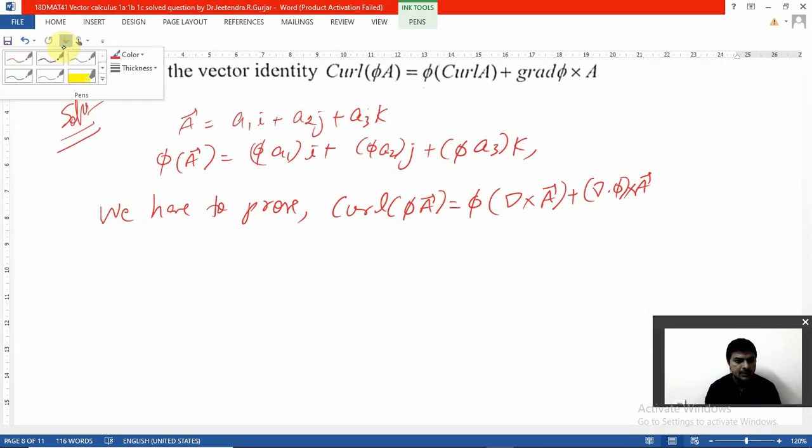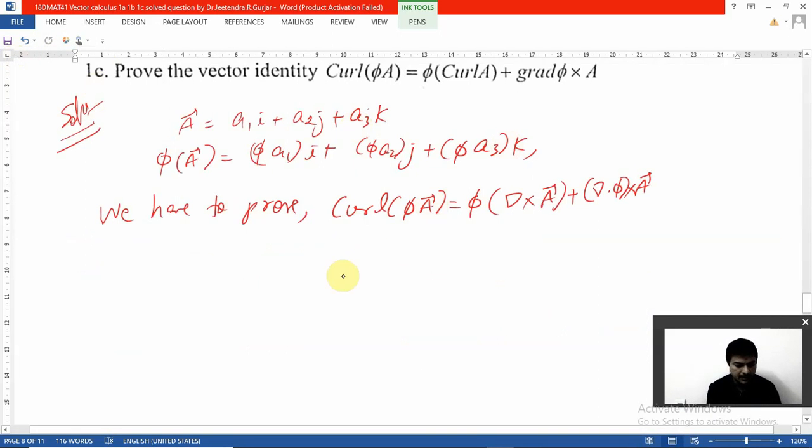I am going to take curl of phi A bar. So I will take it one by one. Curl of phi A bar is going to become del cross phi A bar.